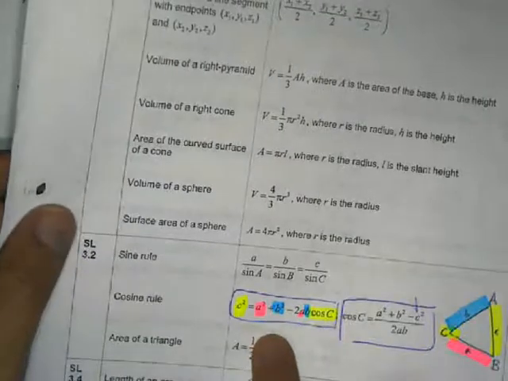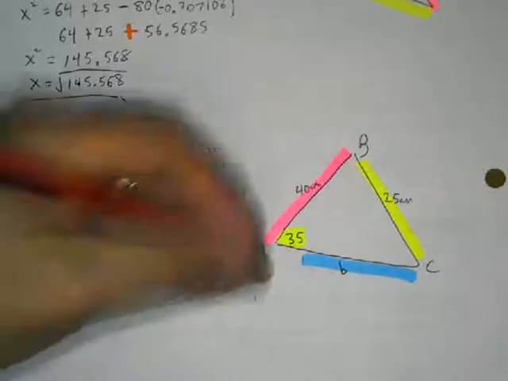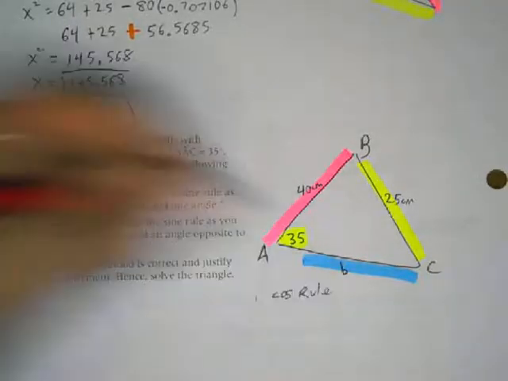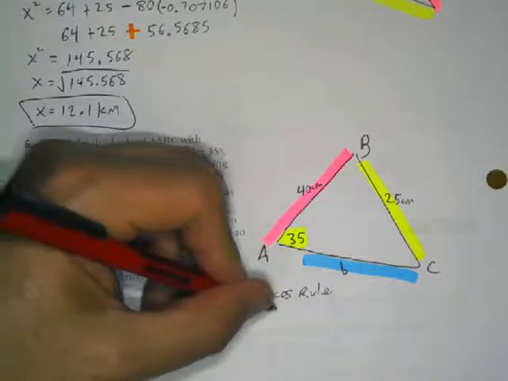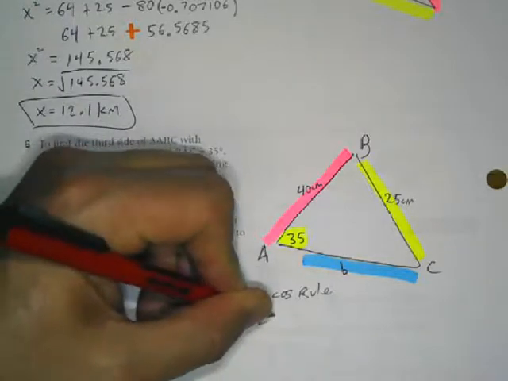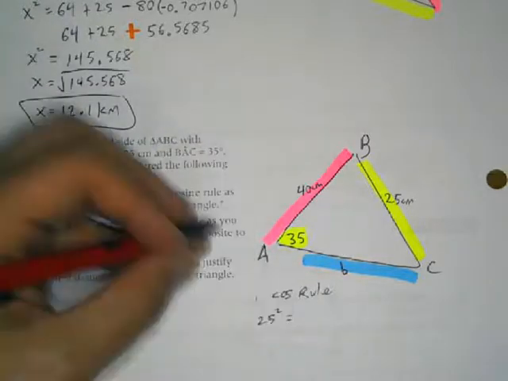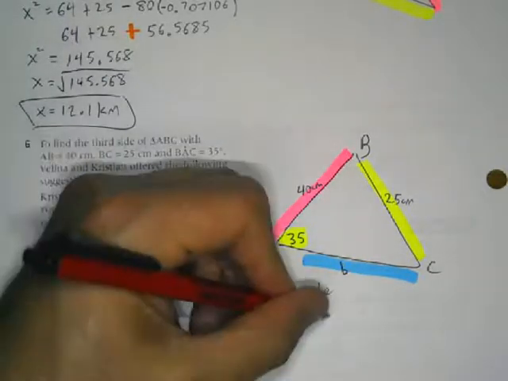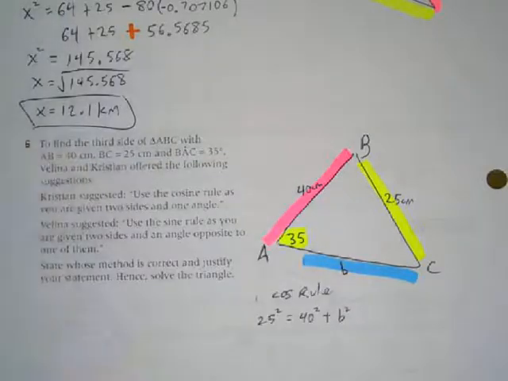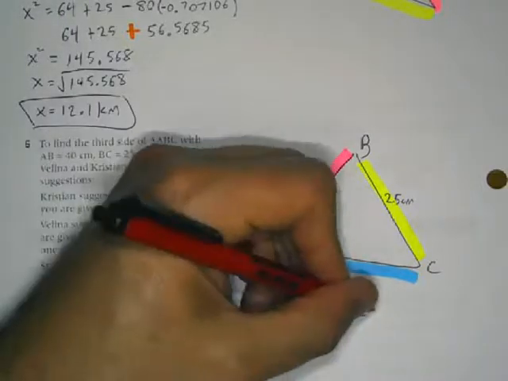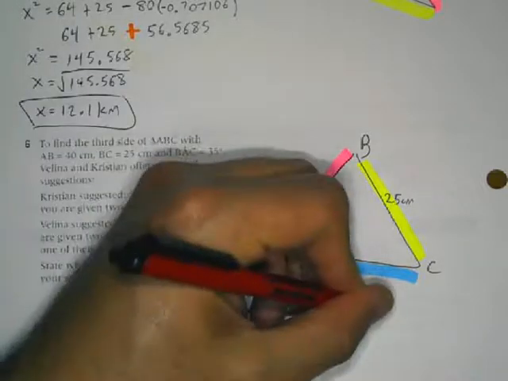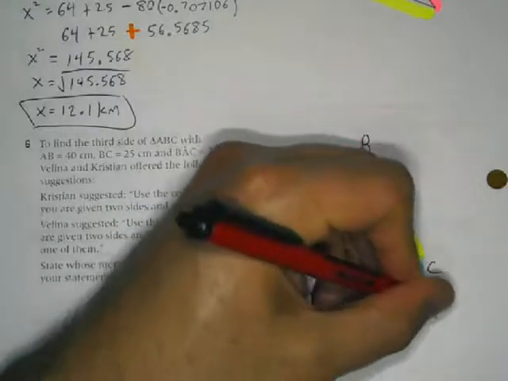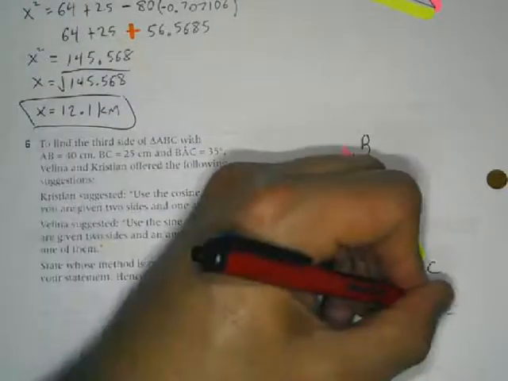So if I'm using cosine rule, it would be c squared, which is 25 squared, equals 40 squared plus b squared minus 2 times 40 times b cosine C. Oh, that's 35. Cosine 35.